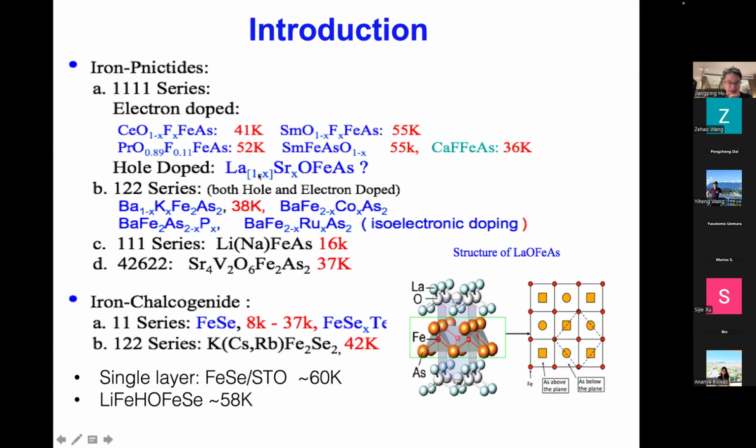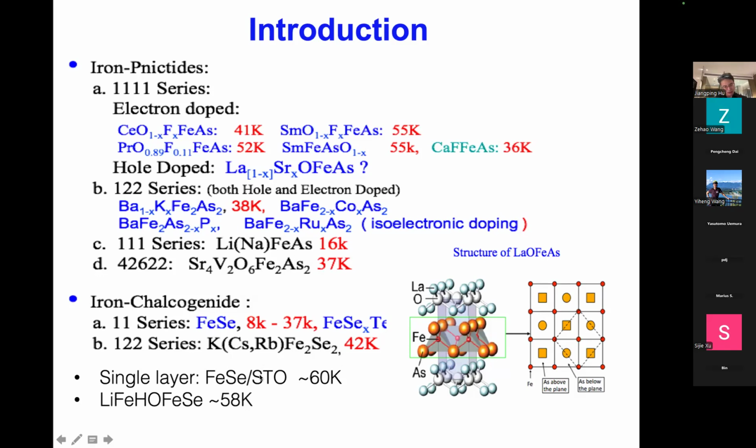There are many families, but basically you have two classes. The first one is called iron pnictides. And the second one is iron chalcogenides, and they both show superconductivity up to about 50 K transition temperature, the highest ones.